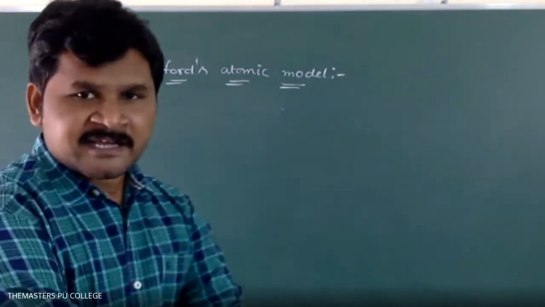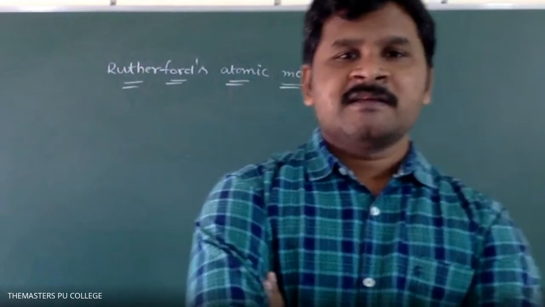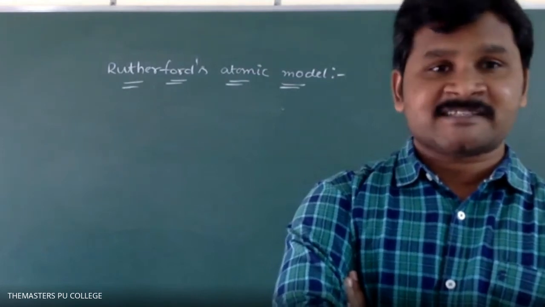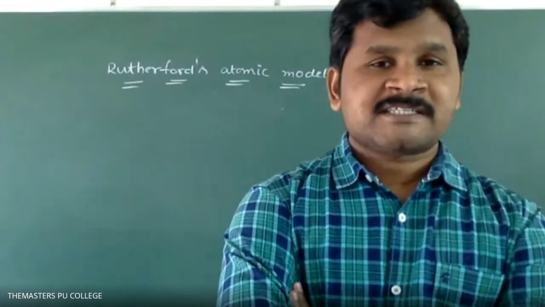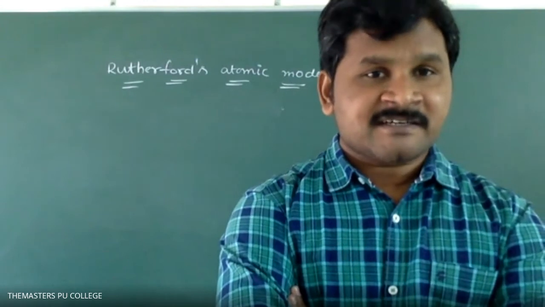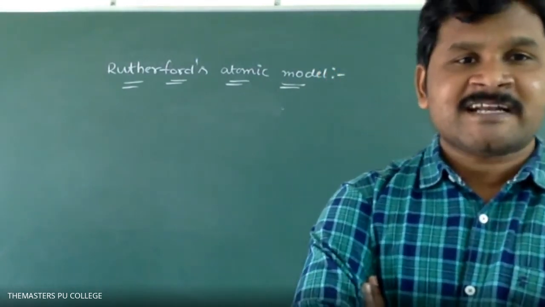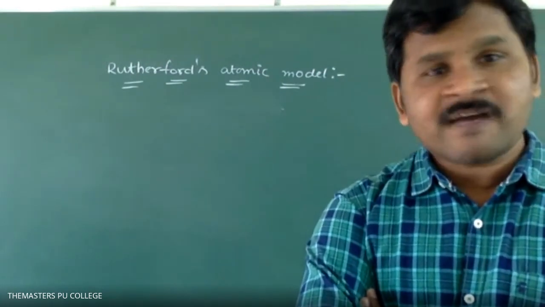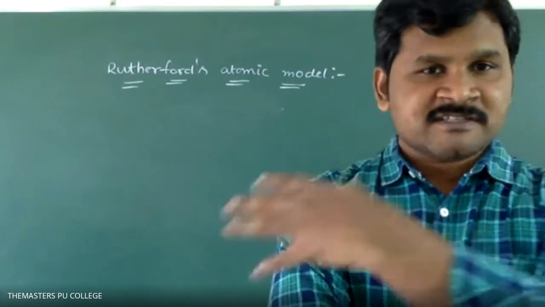Do you have any idea about it? According to his model, the electrons are arranged like the planets in the solar system. He compared his atomic model with the solar system or planetary system, and he first explained about the nucleus. He proposed his atomic model based on one important experiment, known as the alpha ray scattering experiment or gold foil experiment.